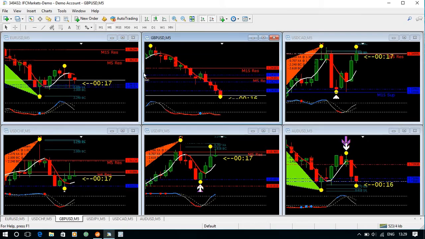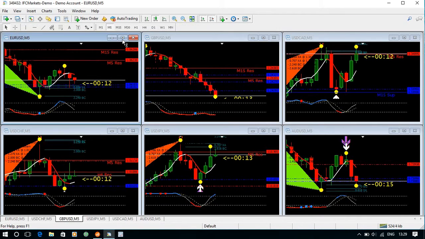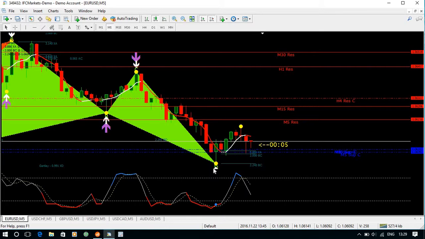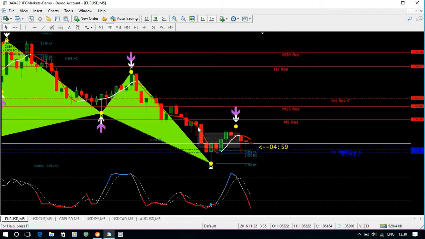When you do get an alert, say this alert has just happened down here at D, and you want to double check that. You'll have an alert come up saying there is a bullish pattern now forming.